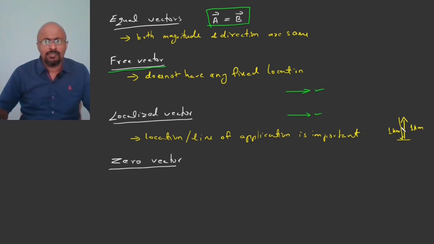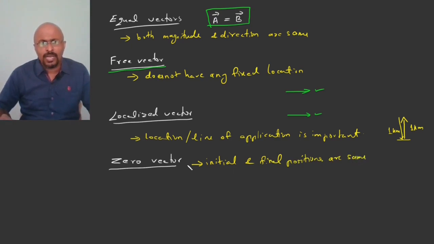Such a vector, whose initial and final positions are the same, we call a zero vector. In other words, its magnitude is 0. So, in our example, the displacement is 0. That is, the magnitude of displacement is 0. We will study more about it in later sessions.